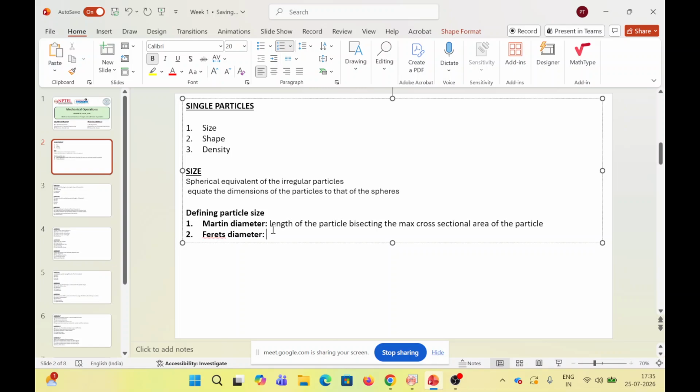Then another one that you have is the Ferret's diameter. Ferret's diameter is quite simple. It is the distance between two extreme points on the particle surface.